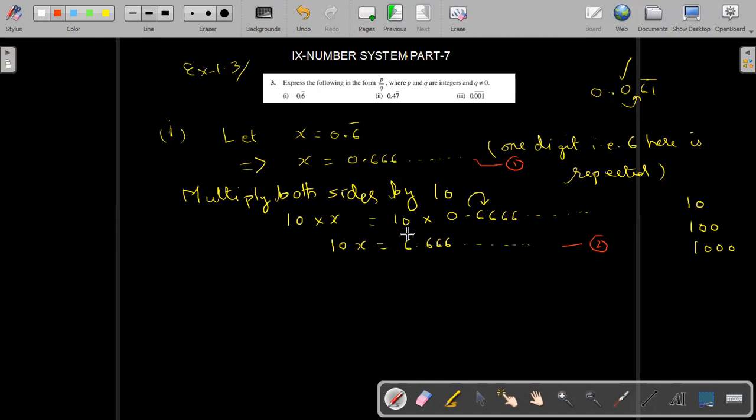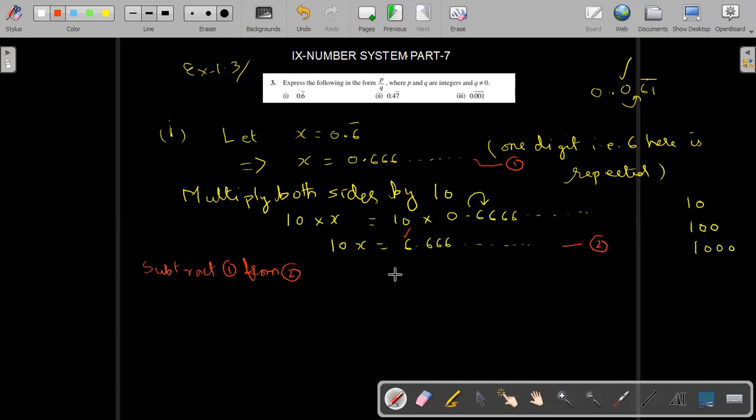So 6 has come outside the decimal. That is what we wanted. Now we will subtract equation number 1 from equation number 2.